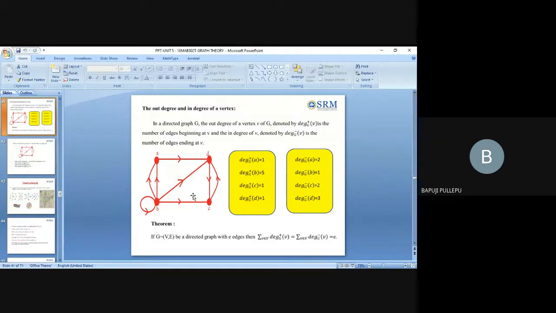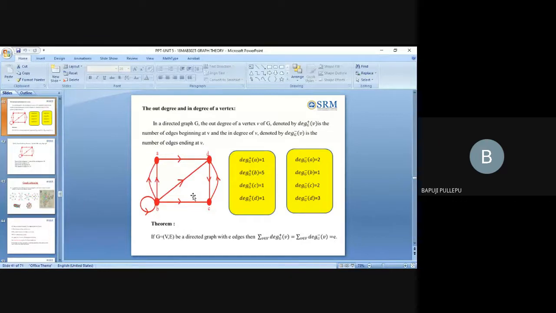Sir, will the loop be considered in both out and in degree? Yes, the loop will be considered 2 actually, out and in both. That's why for B out is coming, in also coming. Out we took 1 count, in also we took 1 count.